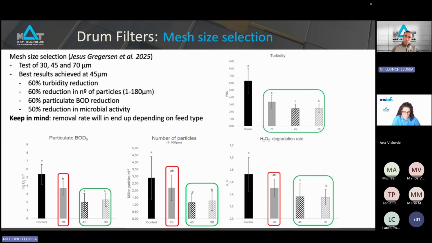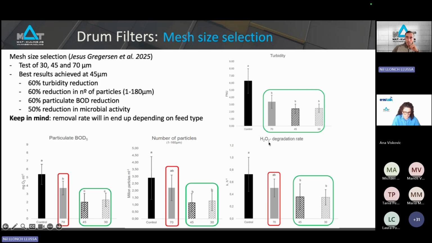With these 45 microns, he achieved a 60% reduction in turbidity, also a 60% reduction in particles sized between 1 and 180 microns, also a 60% reduction in particulate BOD, so particulate organic matter, and a 50% reduction in microbial activity, which is shown in this last plot where it says H2O2, the hydrogen peroxide degradation rate.